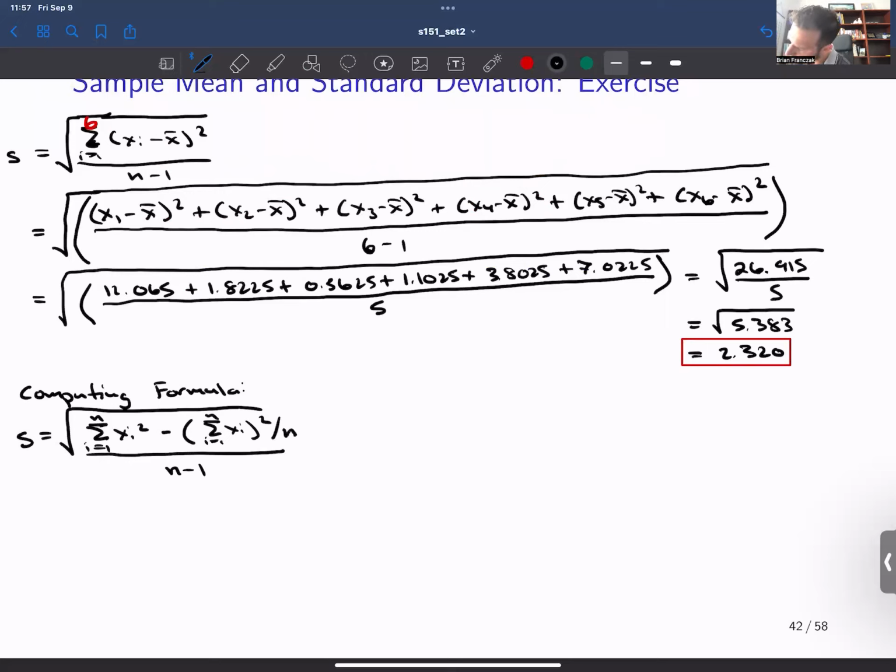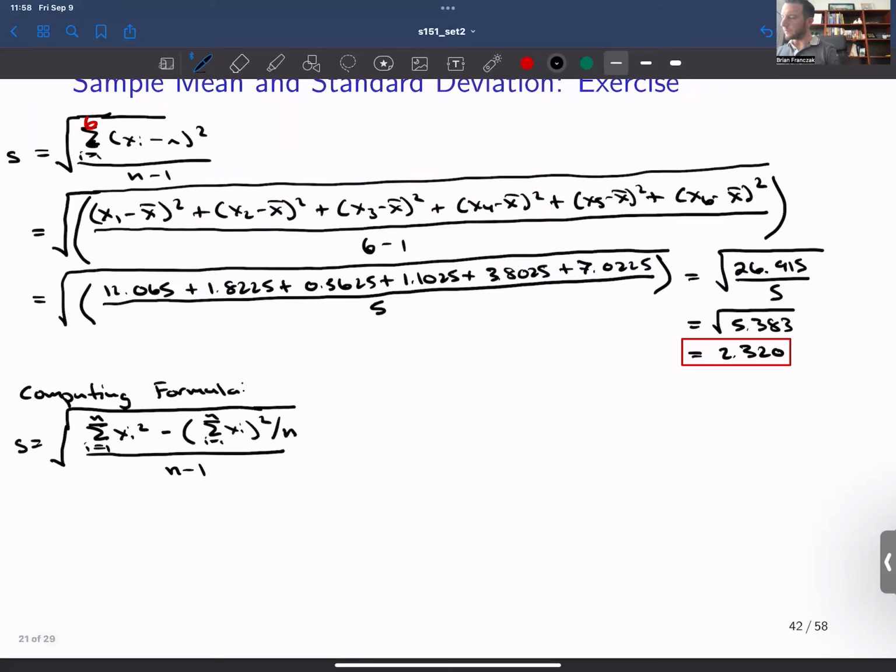Oh, and this part is over n. And again, this whole thing is meant to be within the square root.